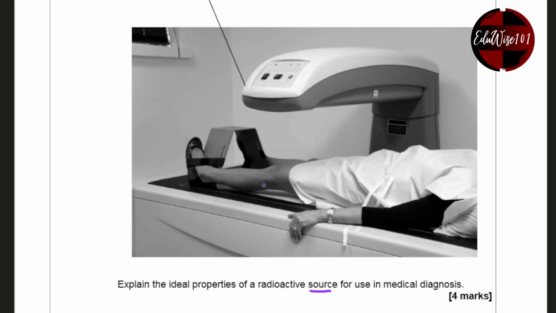Now, beta compared to gamma is more ionizing, which means it could actually cause damage to our cells. So beta is not the best compared to gamma. Gamma is more powerful, so it is more penetrating, but it is less ionizing than beta.